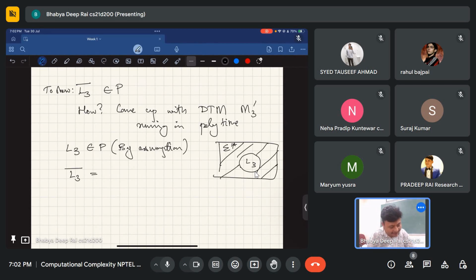L3 bar is the set outside L3, which is nothing but sigma star minus L3, the universe minus whatever is in L3. Since any string I take will always be in sigma star, I can always write L3 bar as the set of those strings that simply don't belong to L3. So if I say this shaded area, I mean only those strings that don't belong to L3.